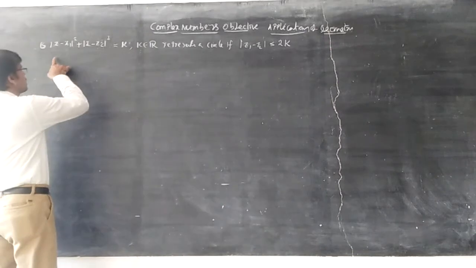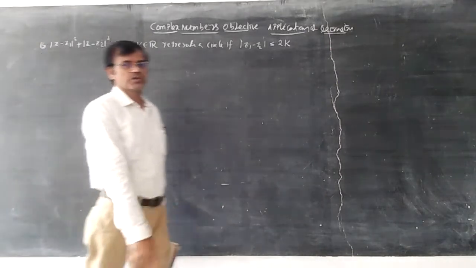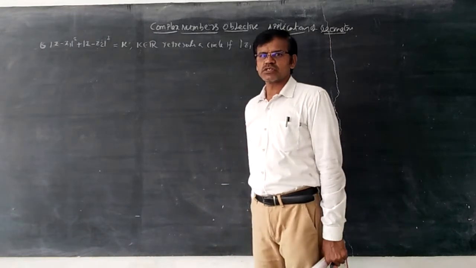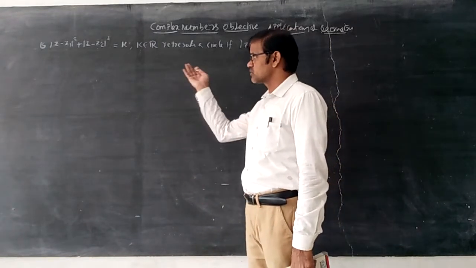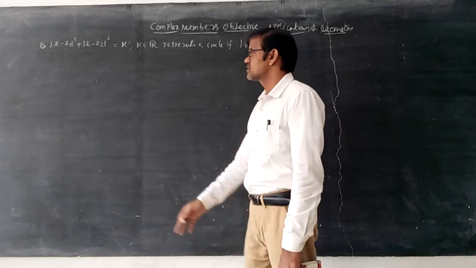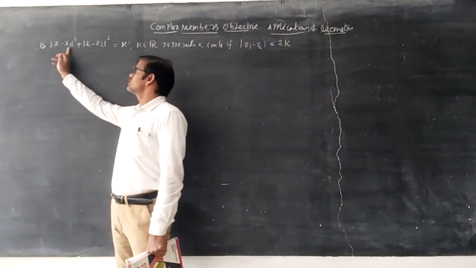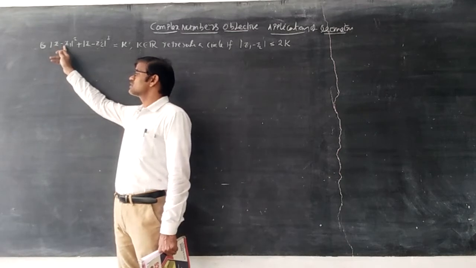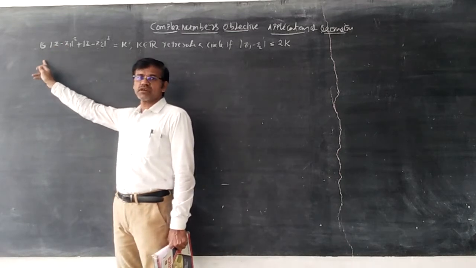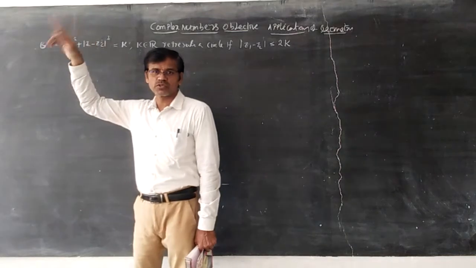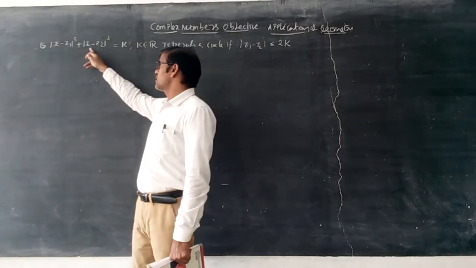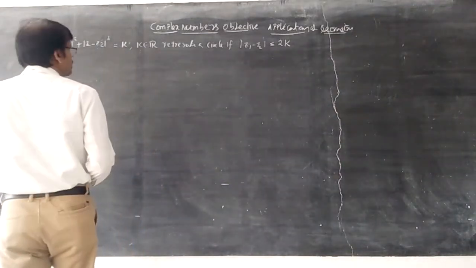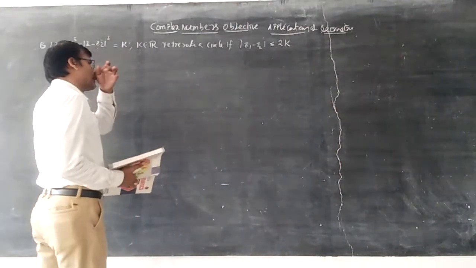So here you can understand PA square plus PB square is equal to K. PA square plus PB square is equal to K, for example x square plus y square is equal to like that. Of course, (x minus x1) whole square plus (y minus y1) whole square like this. You can understand here z1 is equal to x1 plus i y1, z is equal to x plus i y. So x plus i y minus (x1 plus i y1) becomes (x minus x1) whole square plus (y minus y1) whole square, plus here (x minus x2) whole square plus (y minus y2) whole square, represents a circle whenever the condition is there.